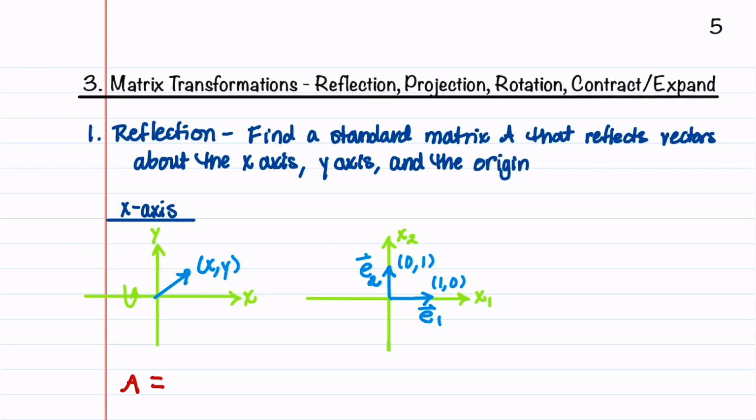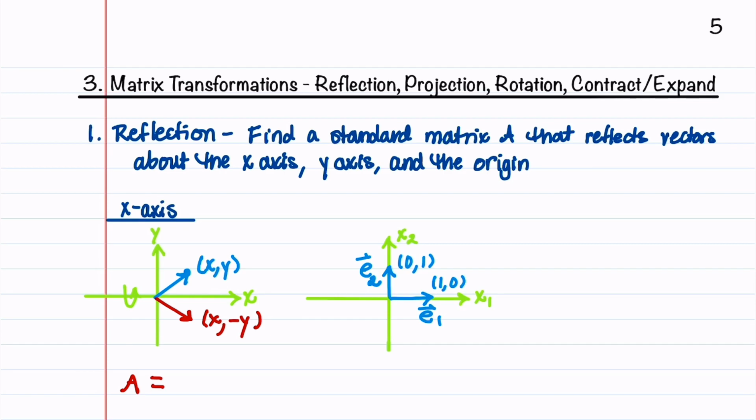When we do that, the vector looks like this, and it becomes (x, -y). To understand how we find the transformation that will reflect (x, y) to (x, -y), we need to reflect e1 and e2 about the x-axis.